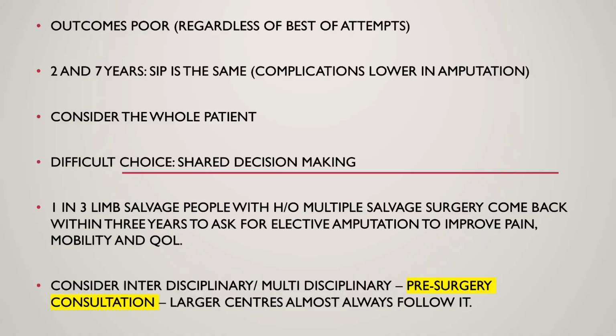So the outcome is poor. At 2 and 7 years, the outcome is the same, but the complications are lower in the amputation group, which is very, very important. Consider the whole patient. Shared decision making is important, with the patient, family members, and the treating physician.